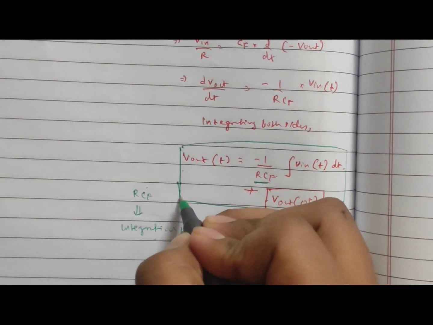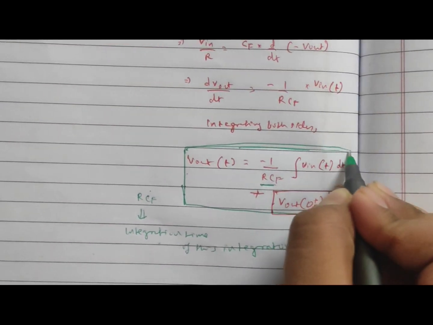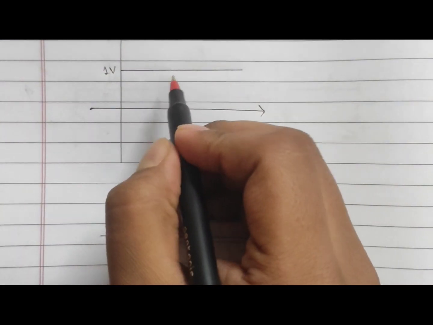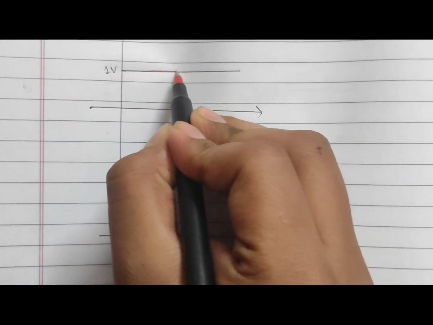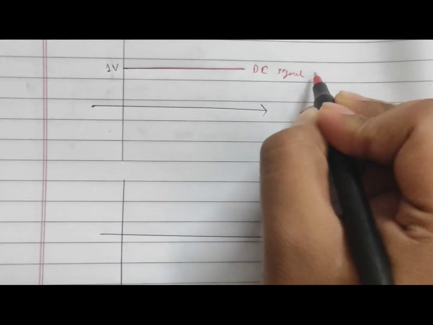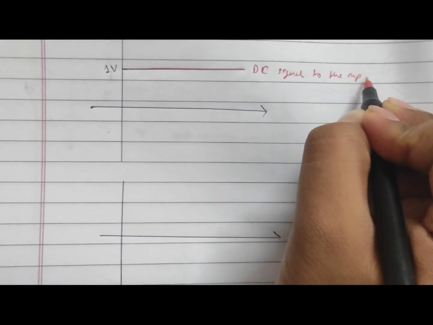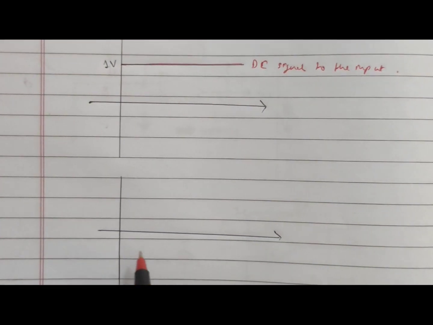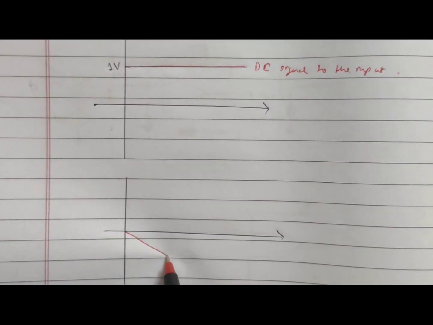that is given to us. Now let's take an example. If we pass 1 volt of DC signal to the input, then at the output we get this signal.